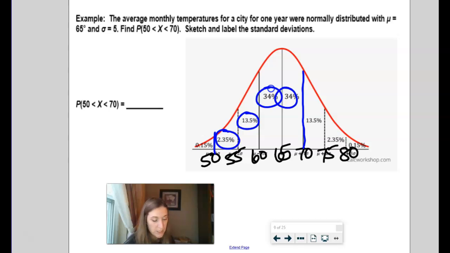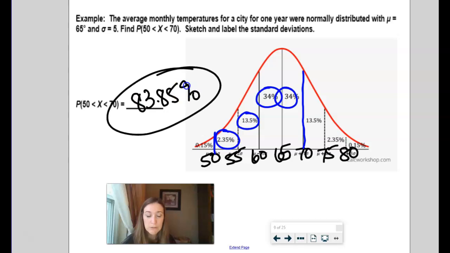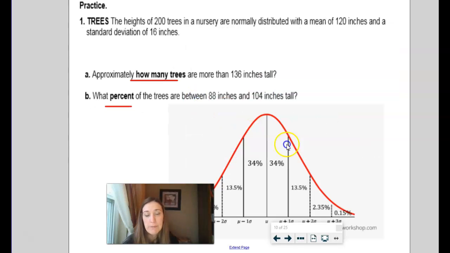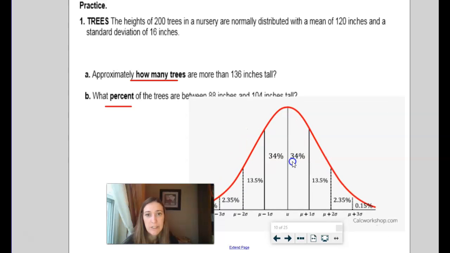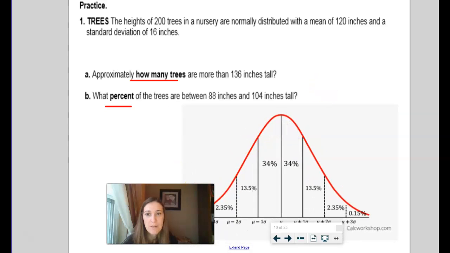I got 83.85. I didn't key this, which is really dangerous. Oh, wait, I did key this one, maybe. I did. All right, we did well. So that's how we use the empirical rule to find probabilities. It's really handy when you get to just steal things off the internet for graphics, though, right?